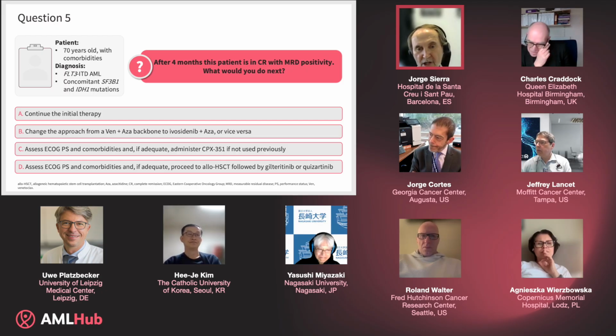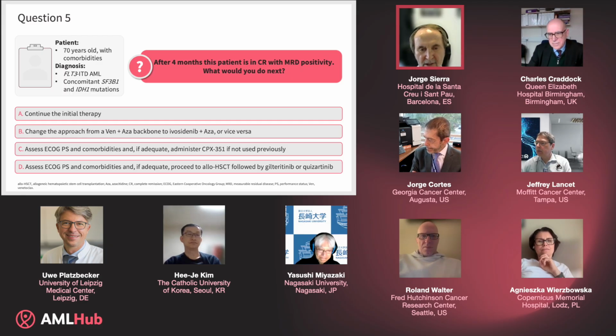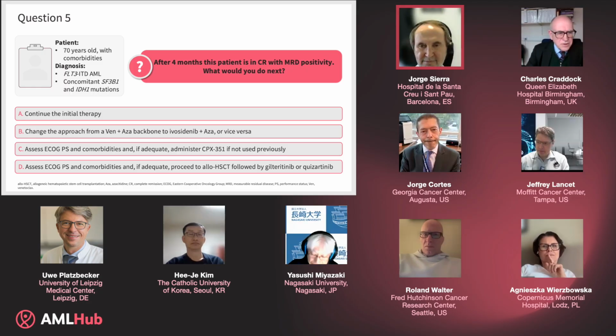This has been demonstrated in patients fit for intensive chemotherapy, and the results are promising in patients not fit for intensive therapy, but randomized trials are needed, demonstrating that the triple combination is superior to the combination of Ven-Aza.